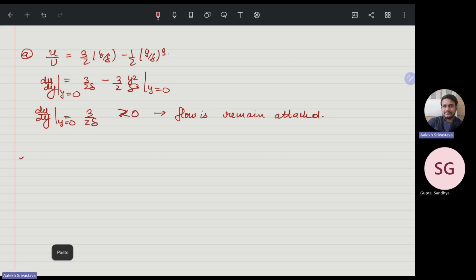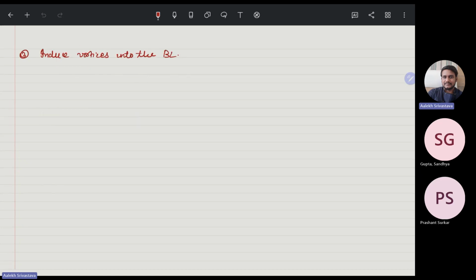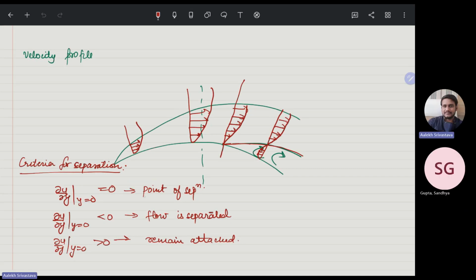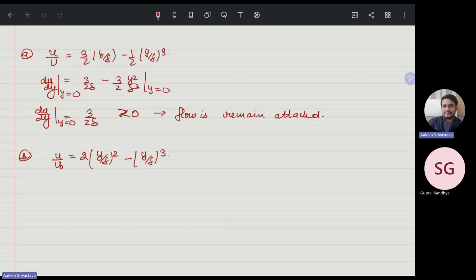Now the second velocity profile is u by u0 is equal to 2 times y by delta whole square minus y by delta whole cube. We said that the flow will be separated when this condition exists: if it is greater than zero, it remains attached, and if it is equal to zero, it is the point or verge of separation.